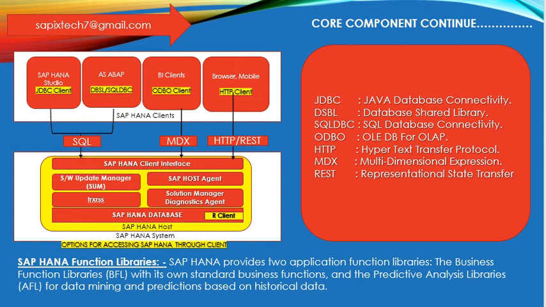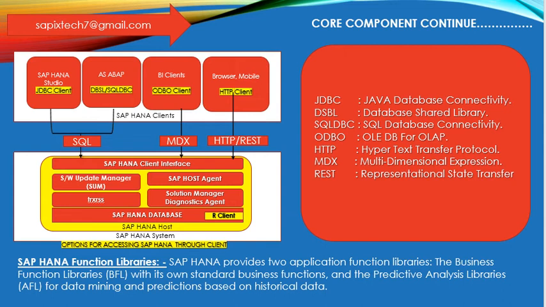So SQL database connectivity, DSBL is embedded with SQL DBC, through which we connect with our application server. Another, we have a BI client which is connected with the ODBO client.